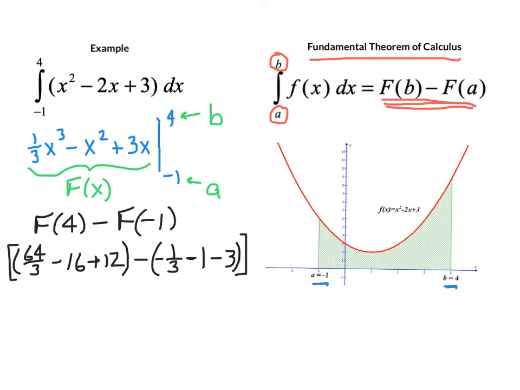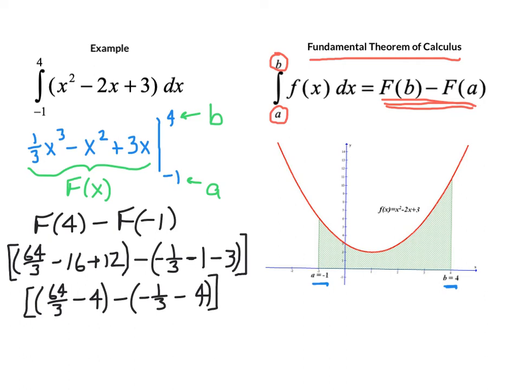Now I could just go ahead and evaluate F of 4 and F of -1, but it's actually a little easier if I leave the fraction separate for a second and write that as 64 over 3 minus 4 minus a -1/3 minus 4.